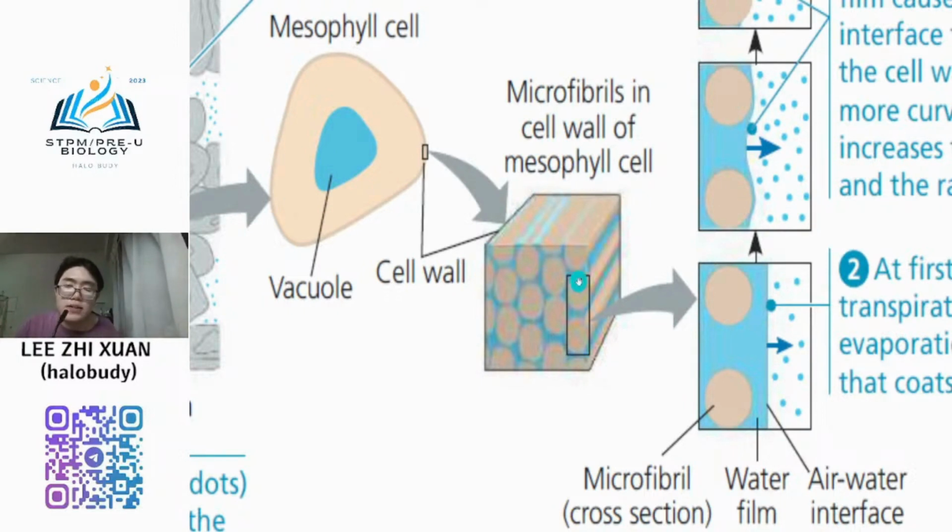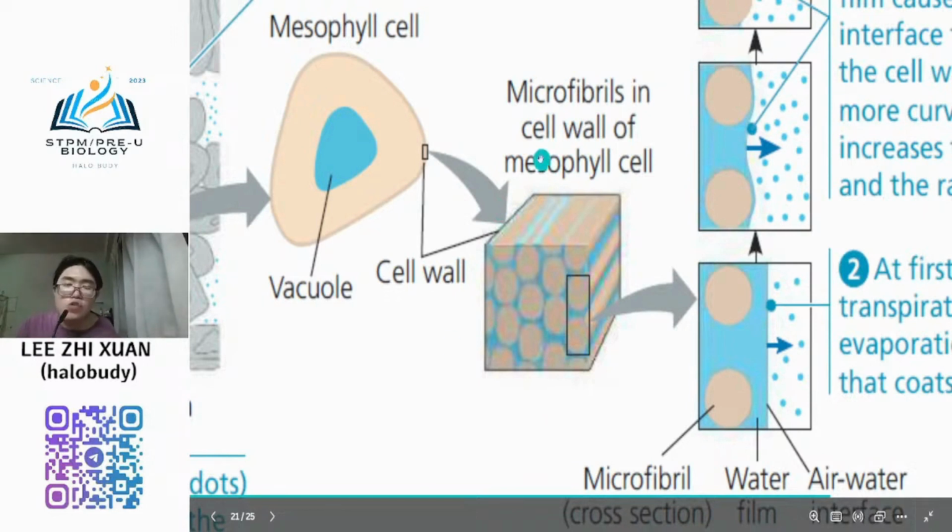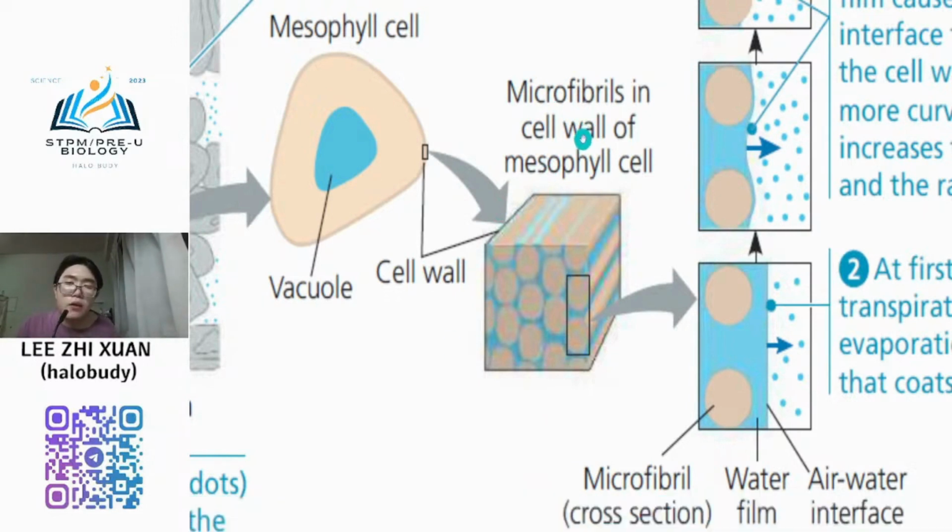This is the structure of the cell wall that you already learned in Sem 1. I don't want to repeat it anymore. The structure of the cell wall, if you still remember, is made up of cellulose, hemicellulose, lignin, all that. And then we know that they are arranged as microfibrils. So this is the general structure of microfibrils of the plant cell wall.